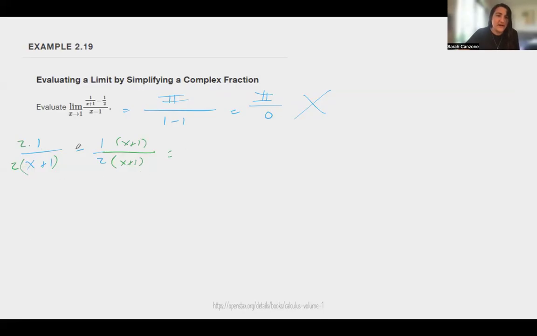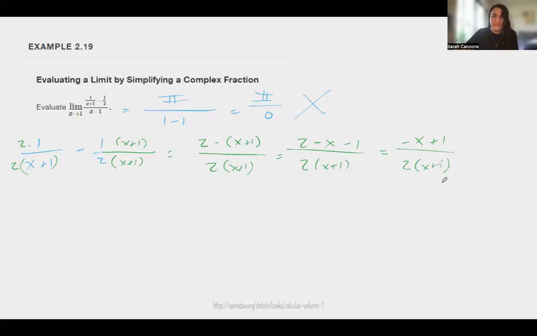When I do that, now I have a common denominator, so I can write it as 2 times x plus 1 like this, and I can combine across my numerators using the sign that we have here. So this is 2 times 1, which is 2, minus x plus 1. And then we can simplify this a little bit further. So 2 minus x minus 1 over 2 times x plus 1. 2 minus 1 is just a positive 1, so we have minus x plus 1 over 2 times x plus 1.